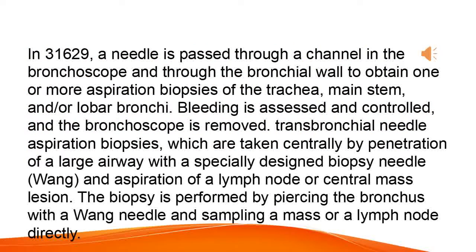A needle is passed through a channel in the bronchoscope and through the bronchial wall to obtain one or more aspiration biopsies of the trachea, mainstem, and/or lobar bronchi. Bleeding is assessed and controlled, and the bronchoscope is removed.